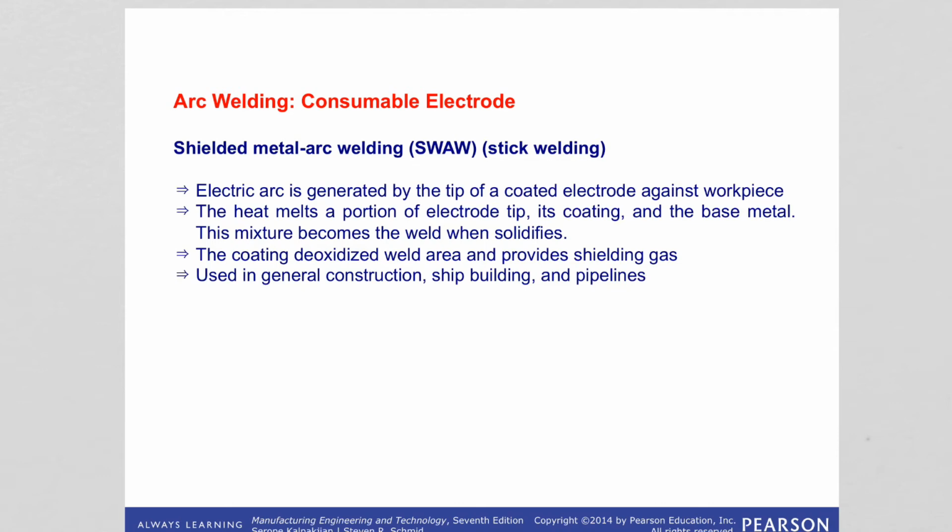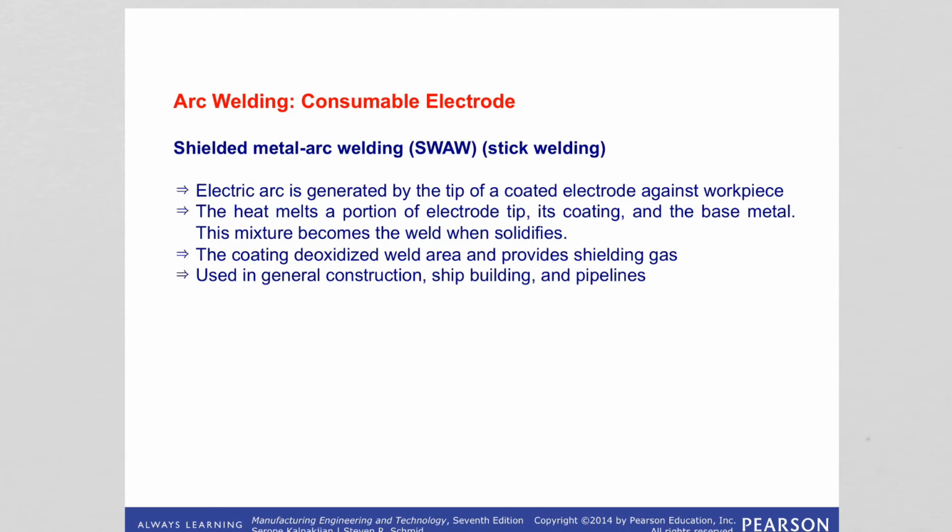This heat melts the electrode, and there is a coating on the electrode, which is, remember, the flux. So the electrode is coated with the flux. This coating melts, and the electrode tip melts, and it also melts the base metal. This mixture becomes the weld when it solidifies.